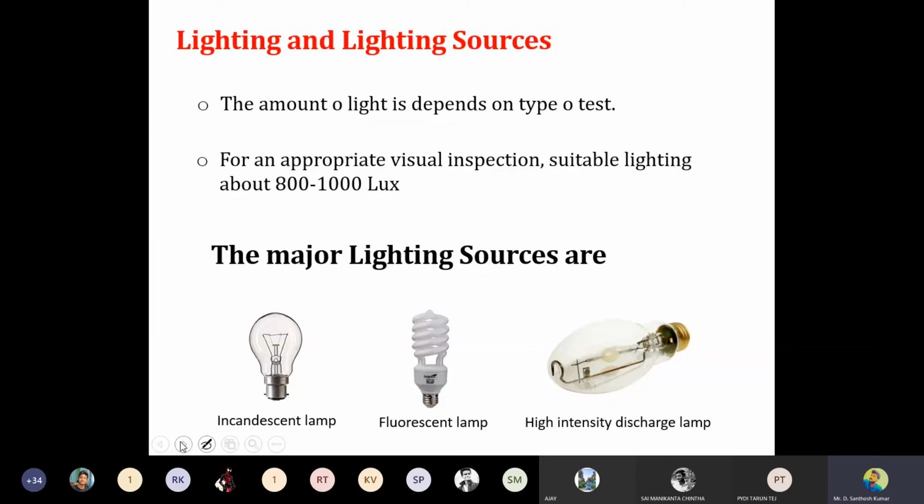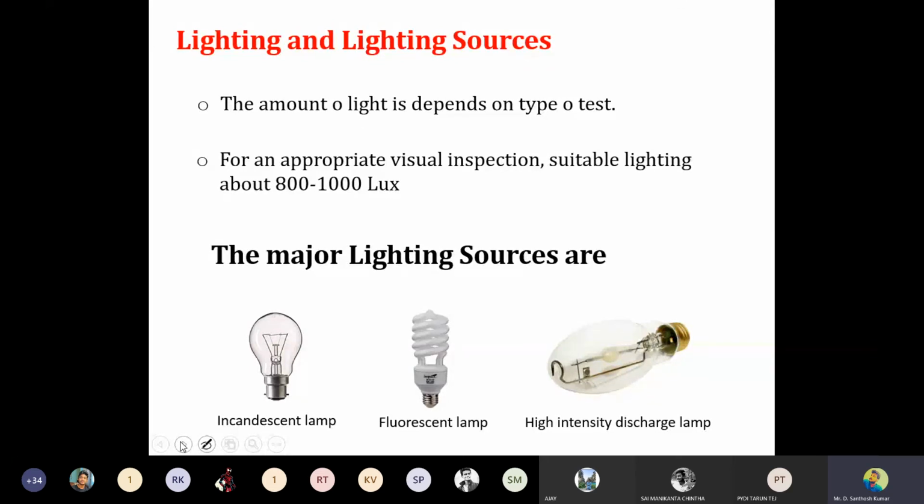So for that you have to choose some lighting sources. There are different kinds of lamps you can go for. Sometimes you can conduct it in sunlight also, no problem. There are fluorescent lamps, as well as those that we are regularly using at our home. So those kinds of lamps, as well as high intensity discharge lamps.